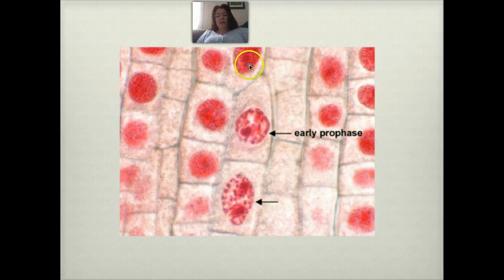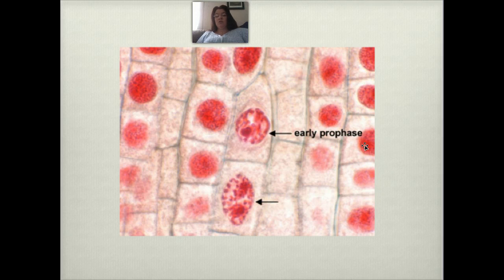And if you look very carefully, even in the interphase nuclei, some of the cells have these darkened areas. These are called nucleoli. The singular of the word is nucleolus. This is a darkened area inside the nucleus, and it's a place where RNA is being actively synthesized.